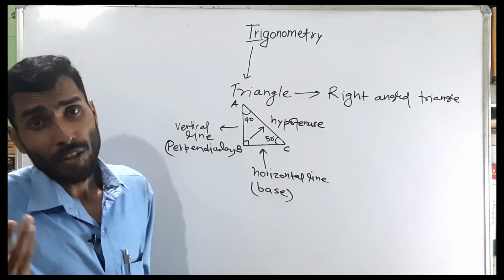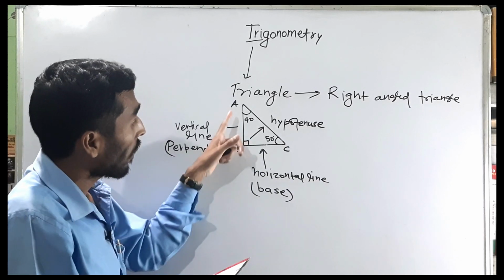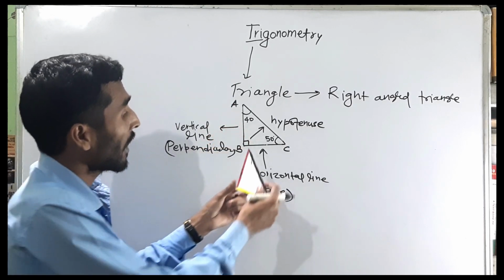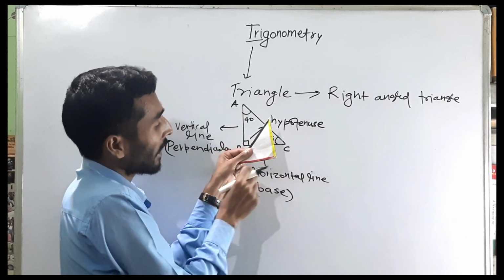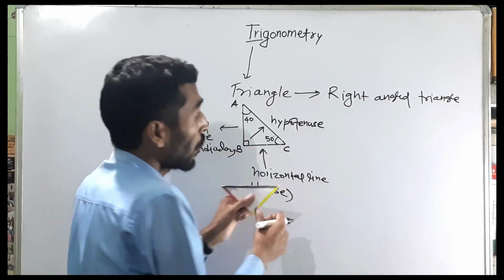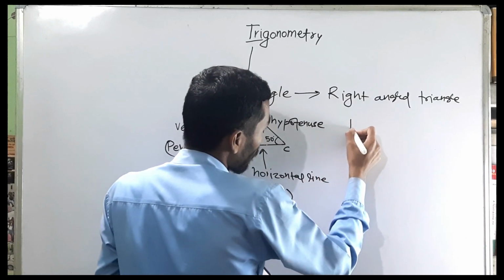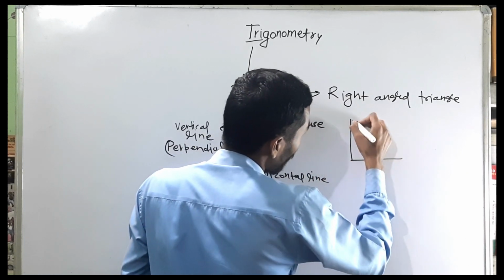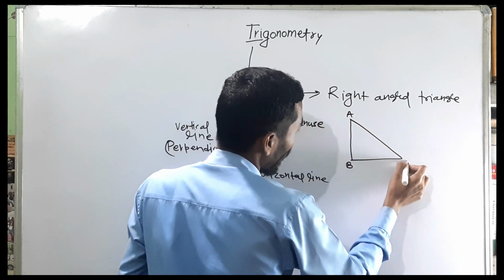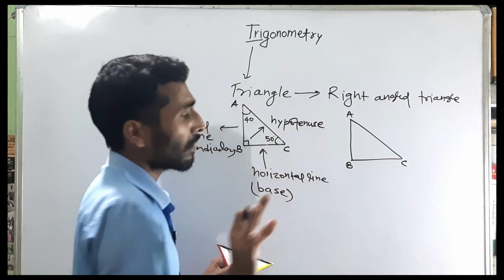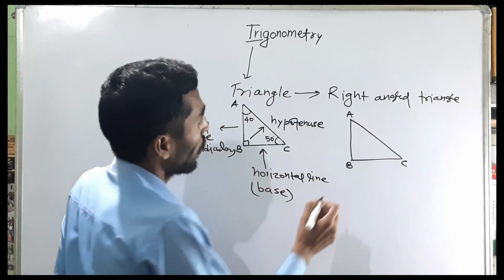So basically what is the matter behind that? At one moment you are saying that AB is perpendicular, and at another moment you are saying that AB is base. The reason is that in both cases the hypotenuse will be the same.